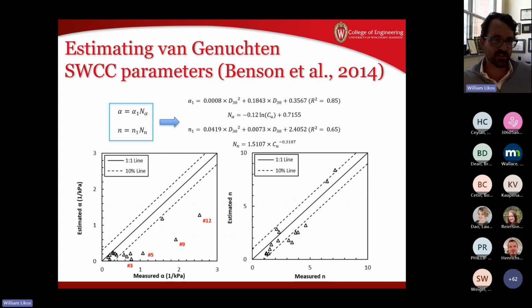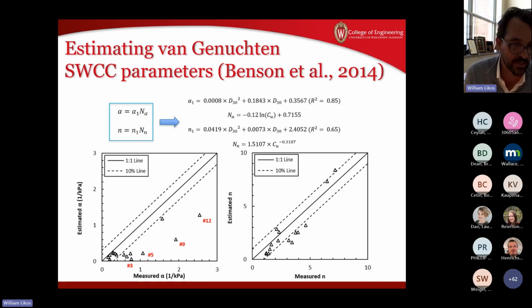And so the way that this works, what we're after doing is predicting those two van Genuchten parameters that I pointed out earlier, alpha and n. The equations there, the first is a correlation between alpha and D30, as well as coefficient of uniformity. And then we can predict n from D30 and coefficient of uniformity. So those are equations specific for this data set.